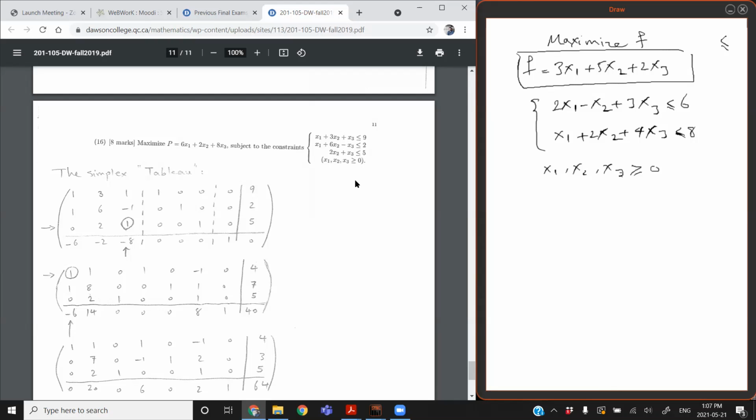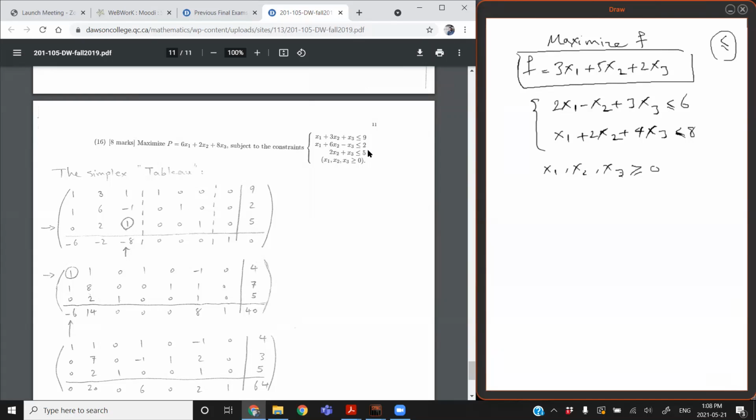Variables have to be greater than or equal to 0. Inequalities, all of them need to be less than or equal to. So you need to see this sign. And then after that, you should have a positive number. So if all these conditions are met, you're dealing with a standard simplex problem, which you can solve using the method I'm going to present to you right now.